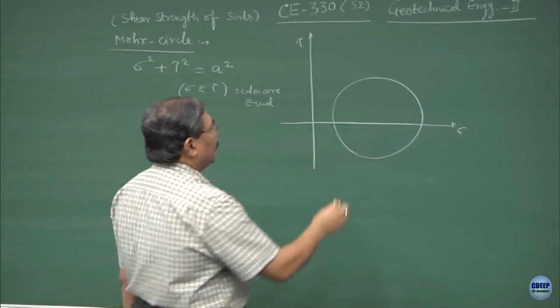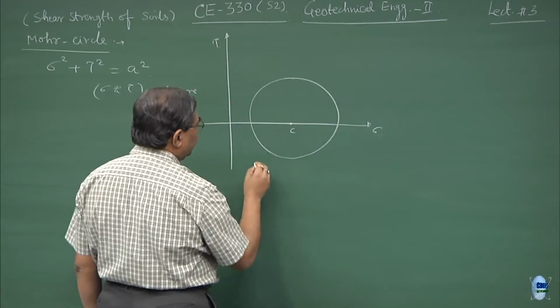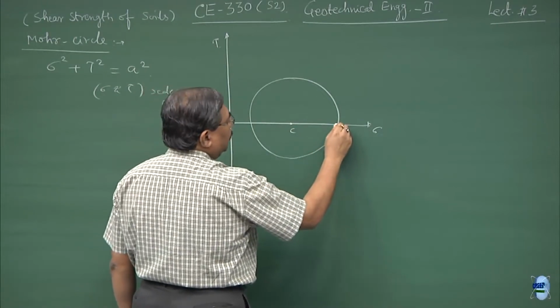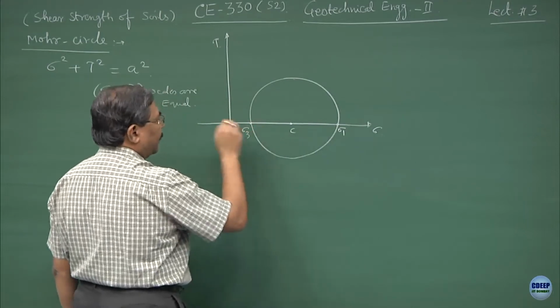and as we discussed in the previous lecture, this is the center of the circle. Now this is what is known as sigma 1 and this is sigma 3.